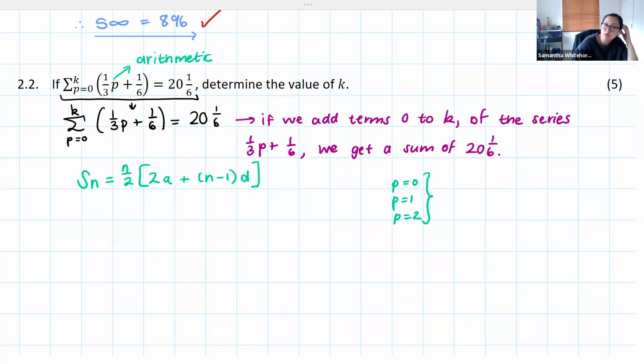Okay, so I want to know what are the first 3 terms when we sub in p equals 0, p equals 1, p equals 2. Nice, Kirsten.